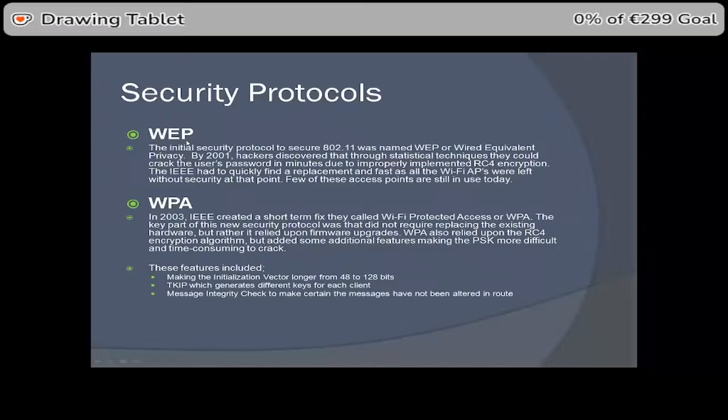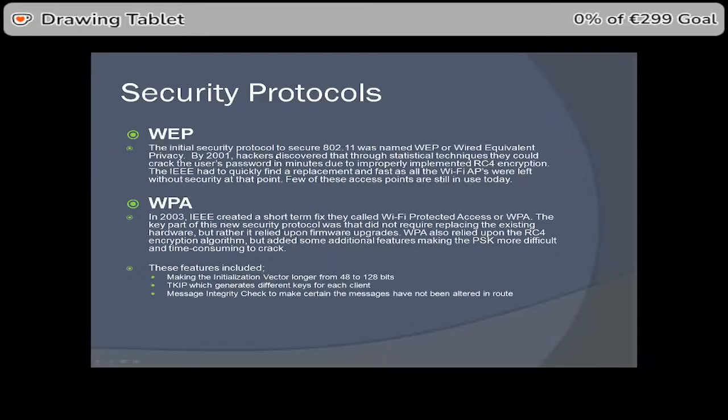This was the original, the initial security protocol to secure 802.11. 802.11 is basically the IEEE designation for Wi-Fi. IEEE is the body that sets up all the standards for radio transmissions. So it's called 802.11. That's the same thing as Wi-Fi.